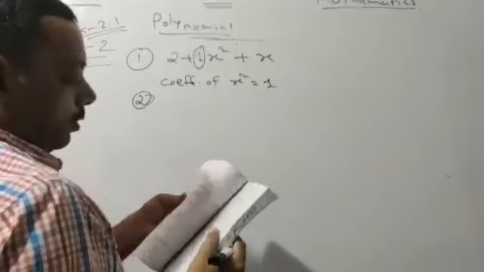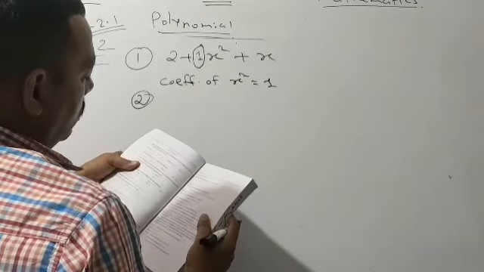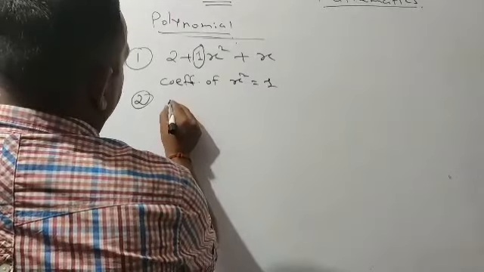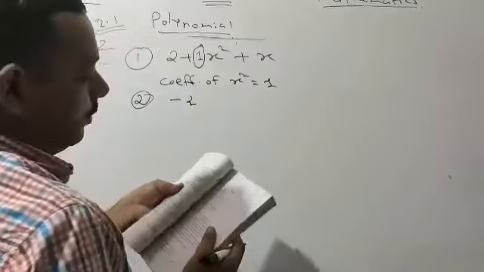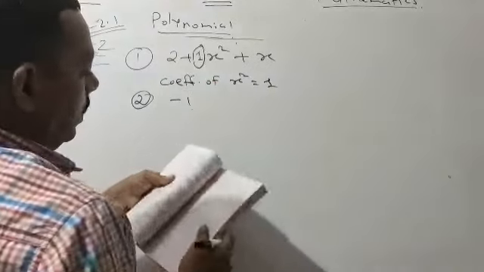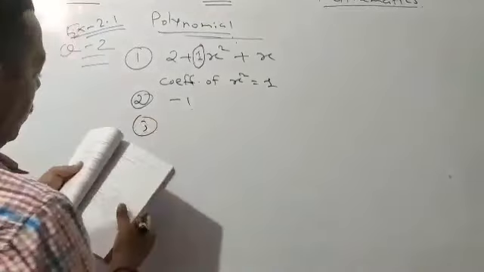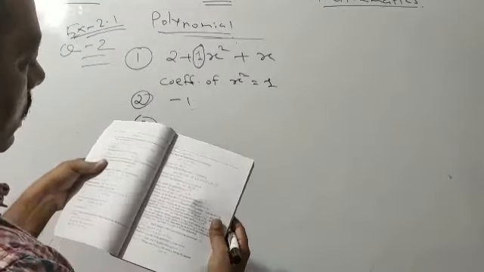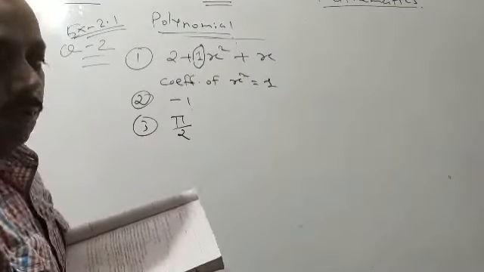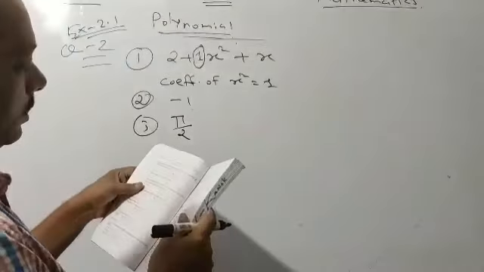In the same way, I will not copy the whole question, I will directly write the coefficient. The coefficient of x square in the second question is minus 1, because before x square a minus sign is there. Now in the third question the coefficient of x square is pi by 2. Whatever we write before x square is considered as the coefficient of x square.